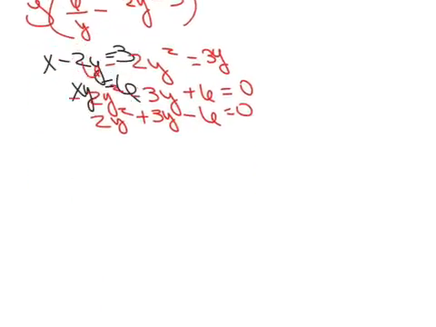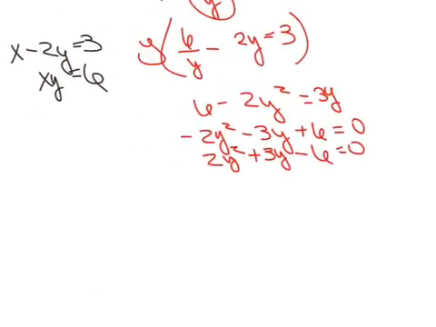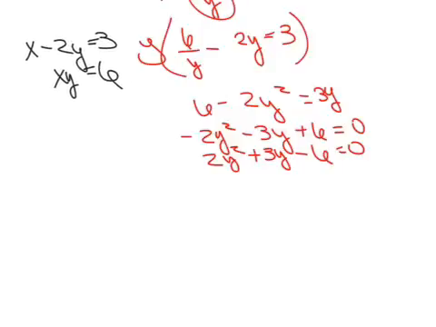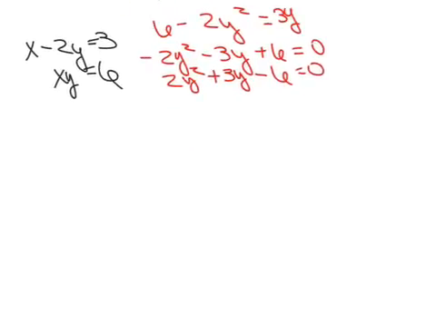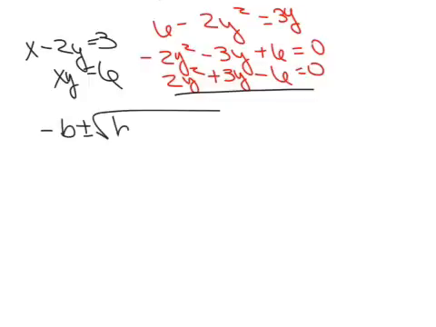Alright, so again, I took this equation right there and I turned it into this equation here. Okay, so what that tells me then is I use my quadratic formula, negative b plus or minus the square root of b squared minus 4ac all over 2a in order to solve that.